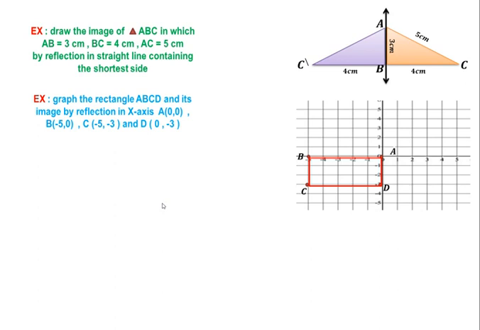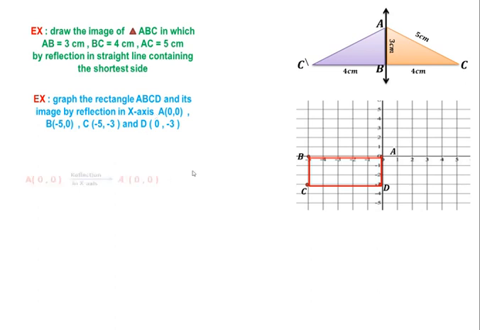Now, how do we get the image of ABCD by reflection in the X axis? When we reflect in the X axis, the change will be in Y. We use the rules.